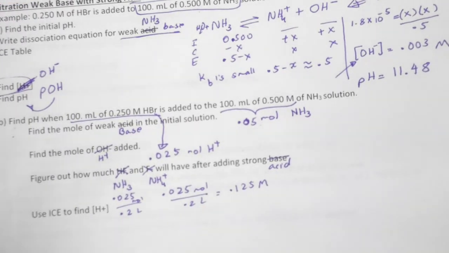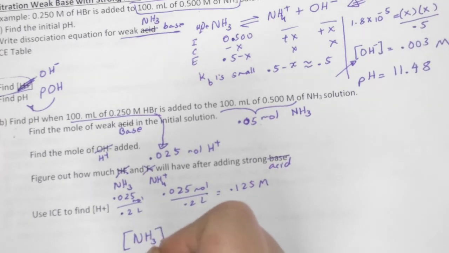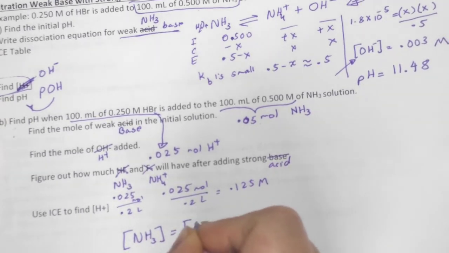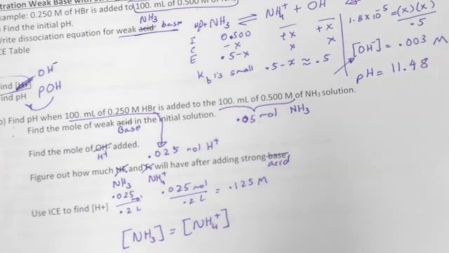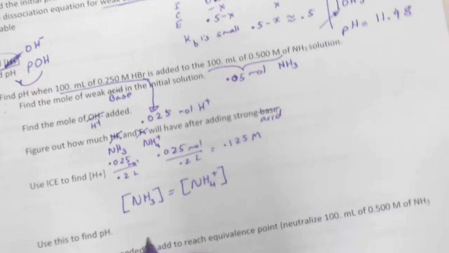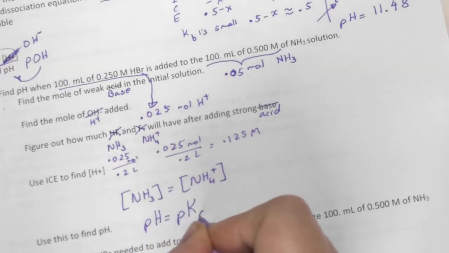In this case, I'm going to do a shortcut. In the multiple choice case and stuff like that, you've got to be clever. If you have concentration of weak base equal to concentration of conjugate acid, or if you have a weak acid and a conjugate base that are the same, that means you can simply say pH is equal to pKa.